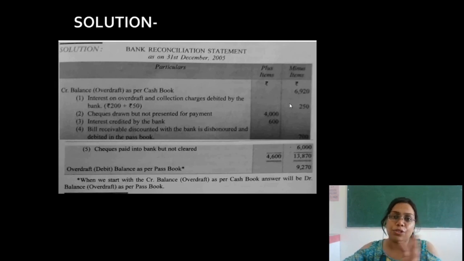So you can show them jointly or separately as per your wish, but the amount will be deducted. Why? Because it has already been deducted from my bank account and passbook as well. So we will deduct this 250 and write it in our minus items.